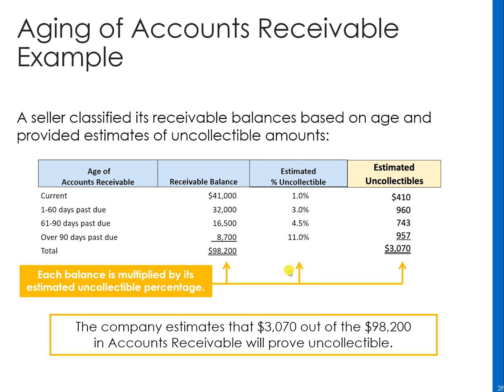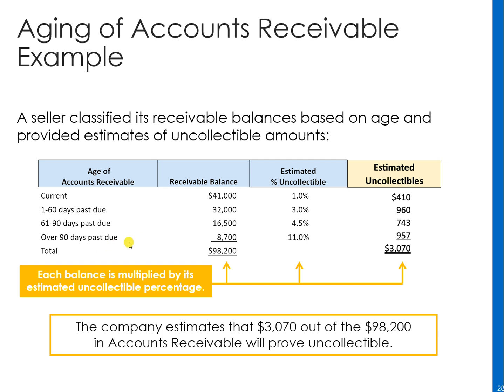For banks, we also have a similar calculation. For banks, we have the loan loss provision. For all the loans, the bank builds a reserve for uncollectible amounts. That's called a loan loss provision. If a loan is current, the uncollectible rate will be really low.